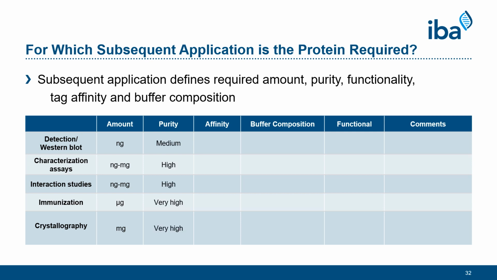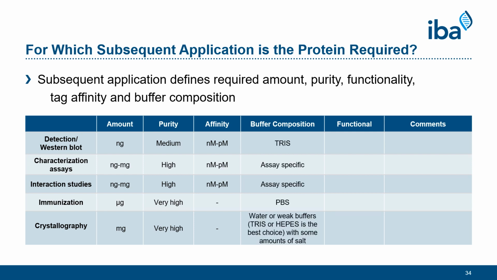Nearly all applications need a high purity, especially immunization and crystallography, which need a very high purity. A high affinity of the tag is required for Western blot, characterization and interaction studies because that ensures robust and reliable data.